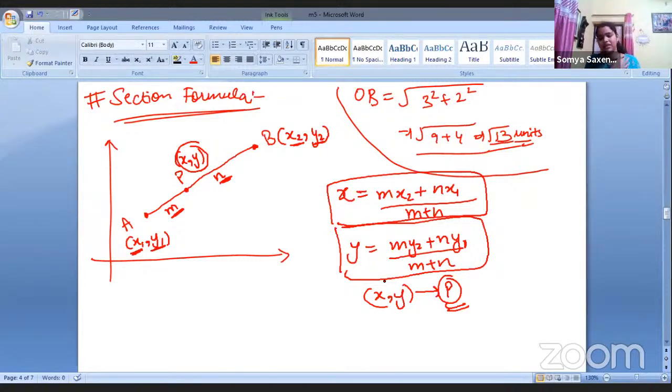Now, the most common question can be this coordinate finding, but if by chance the ratio is asked, then we can apply the same formula. We just have to modify it a little bit. If we have to find some x2, x1, y1, or any other thing, we can do it, right? So is this particular section formula clear to everybody?